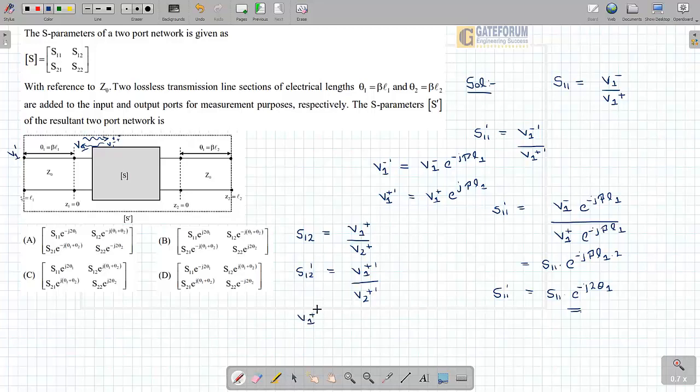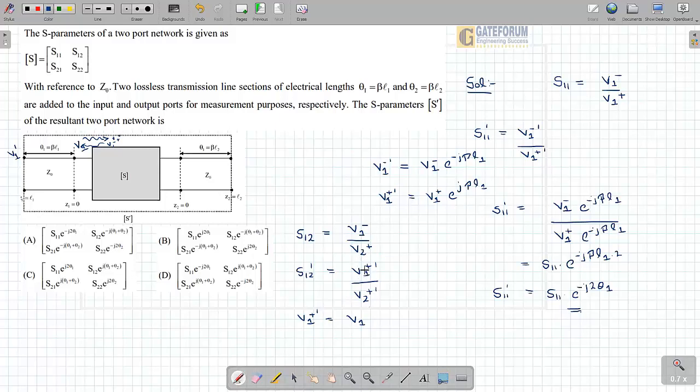Let me just write it. It is V1 minus and V2 plus. Right?